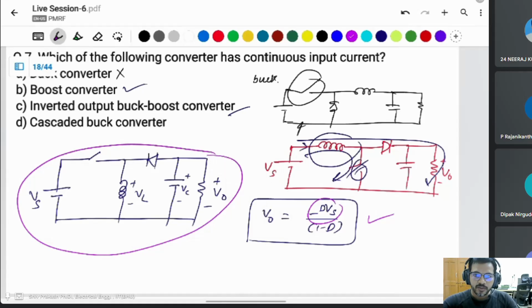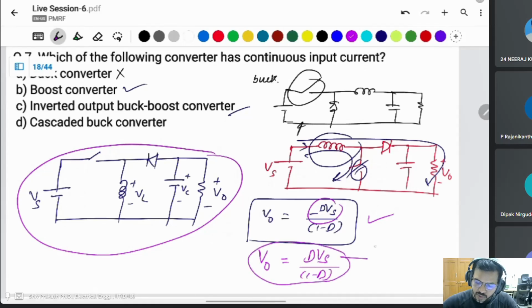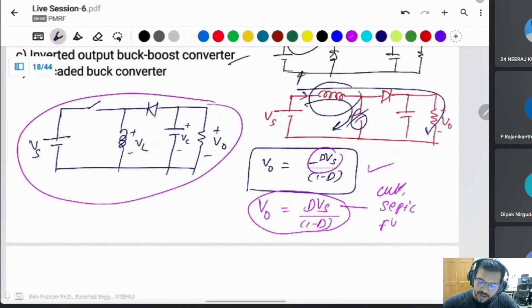The output equation is the same, only the negative sign is not there: D Vs divided by (1 minus D). This will be the Cuk converter, SEPIC converter, flyback converter. These types of converters have no negative sign.